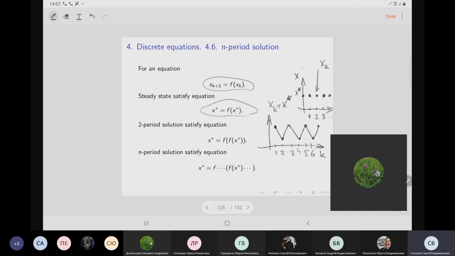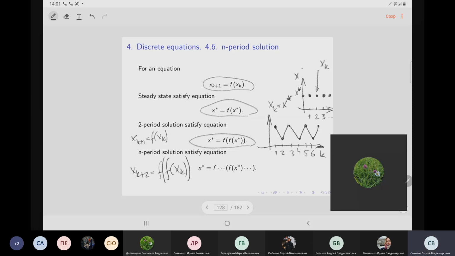So the two-period solution satisfies the following equation. It's quite natural, as xk plus 1 is f of xk, then xk plus 2 is f of f of xk.